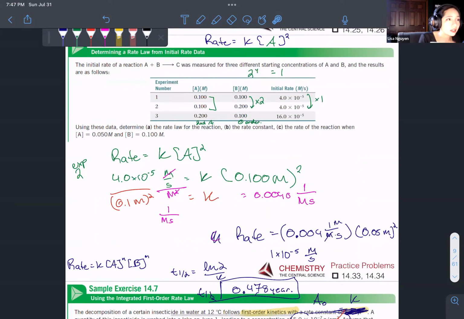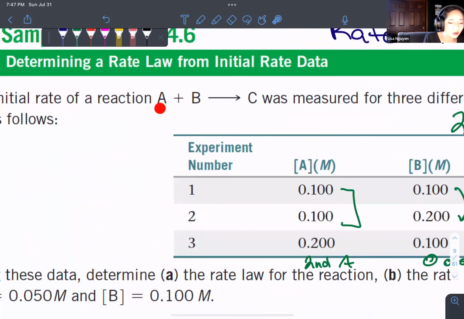Oftentimes when we look at a reaction like this, you might think this is first order in A, first order in B, but that's not true because this is not an elementary reaction.